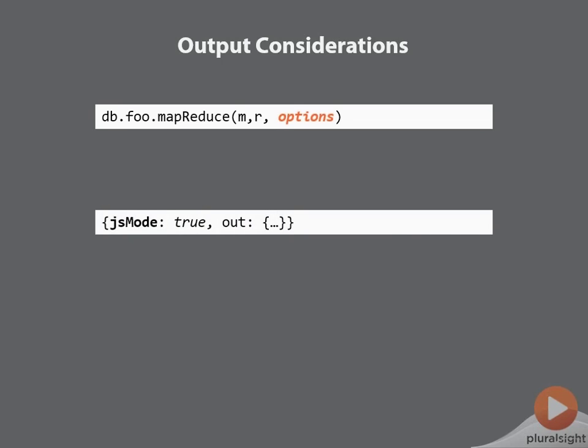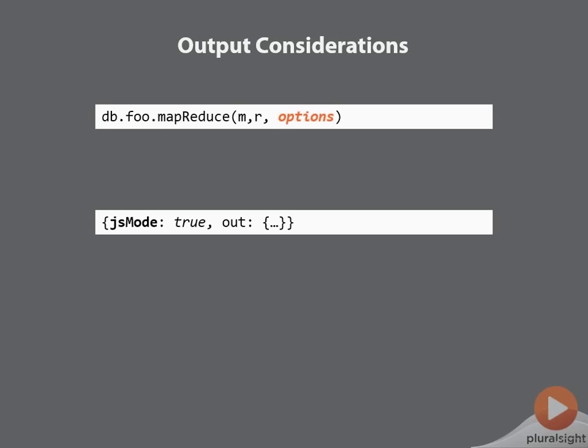There is an option to tell Mongo to keep the intermediate results in JSON so that conversion to and from BSON is not necessary. This might be a performance boost, but your mileage may vary. Try, measure, and see if it makes sense in your case.